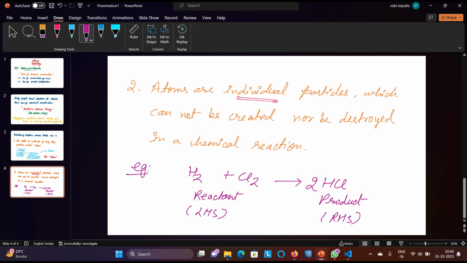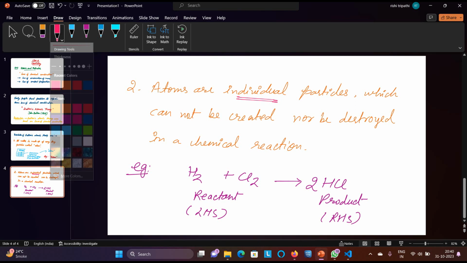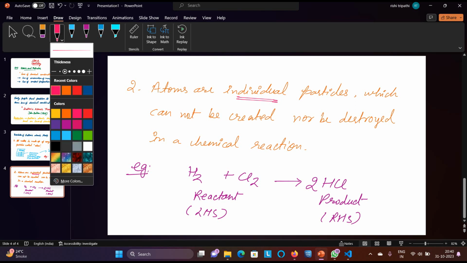So the second postulate tells us that a chemical reaction must be balanced.